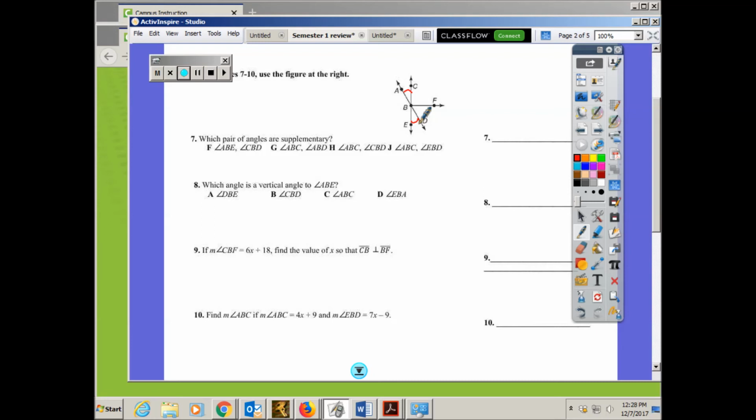Not because they're perpendicular, because they're vertical. Okay? Look, this angle is created by these sides, correct? And this angle is created by these sides. So it's this space in the middle here and this space in the middle here. If that color coding helps you.